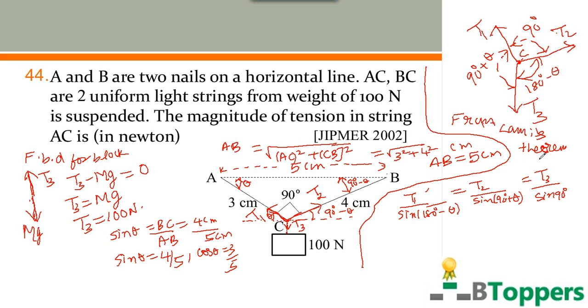So combine first and last. So T1 by sine of 180 minus theta, which is sine theta. On the right side, T3 is 100 newtons. Sine 90 degrees is 1. So T1 is equal to 100 newtons into sine theta. Sine theta we got here is 4 by 5. So you get T1 equal to 80 newtons. So the magnitude of the tension in the string AC is 80 newtons.